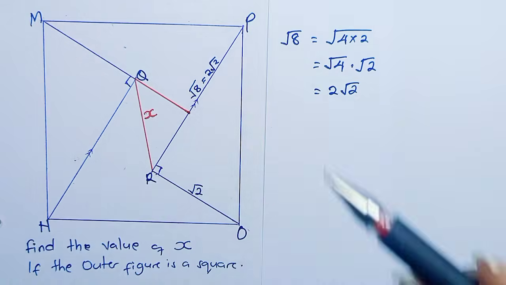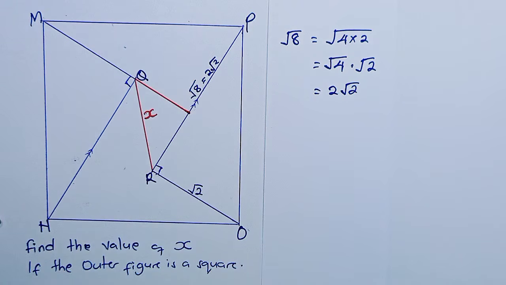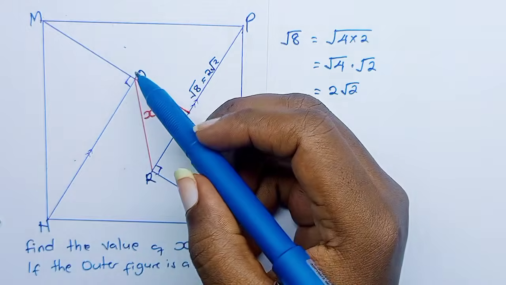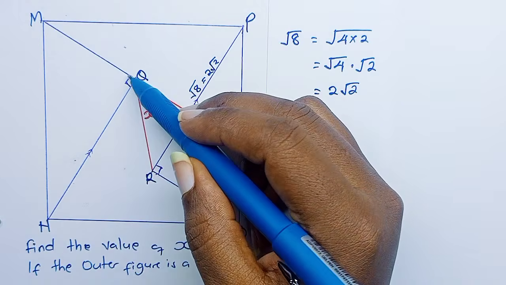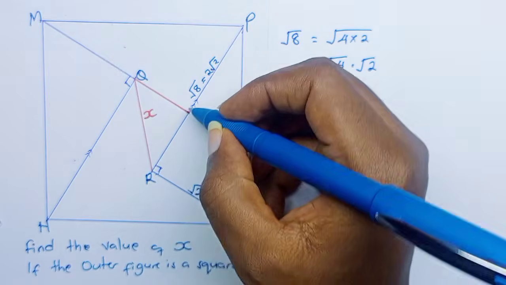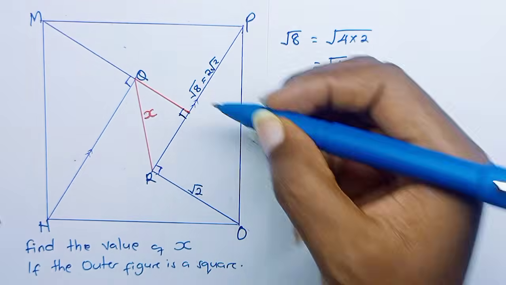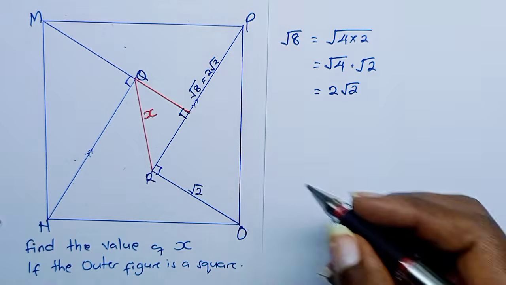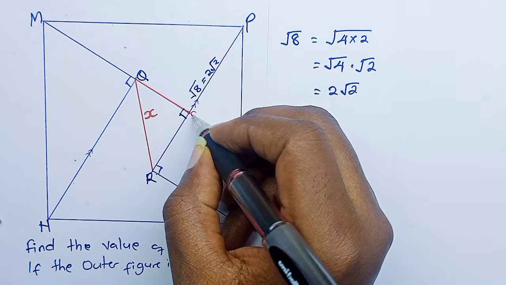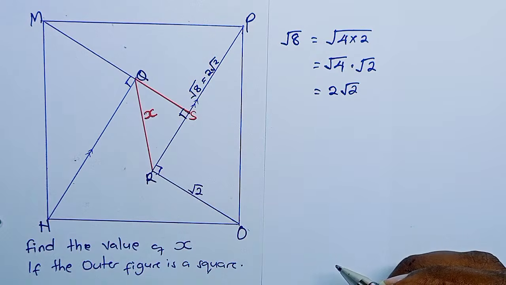Therefore, the corresponding angles are equal. So if this transversal formed 90 degrees on this line, that implies that this here is also 90 degrees. Let me call this point here S.